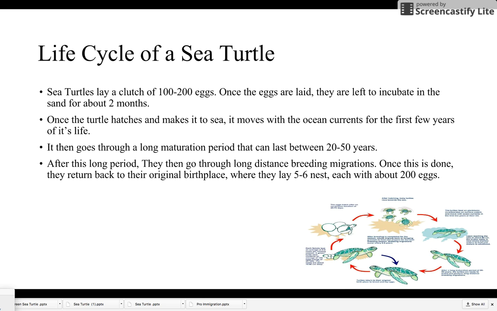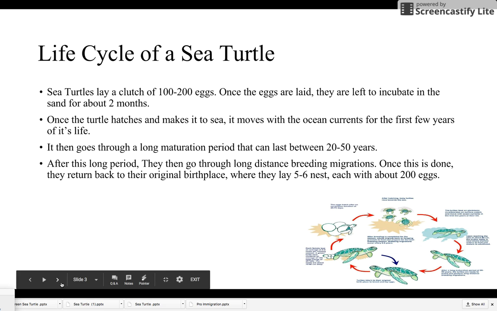After that, it goes through a long maturation period that lasts between 20 to 50 years, depending on the turtle itself. And then, after this long period of time, they go through long distance breeding migrations, and after that, they'll return back to their original birthplace, where they will lay about 5 to 6 nests, each with about 200 eggs on estimate.